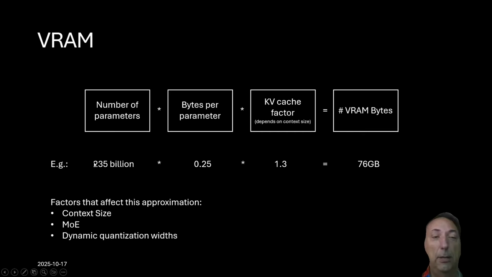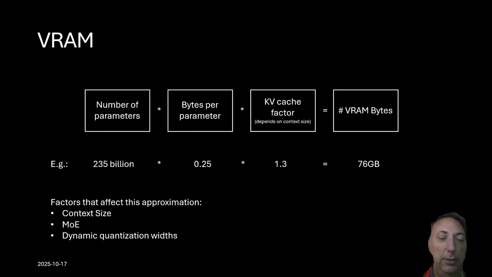And again, that's 235 billion weights, at 2 bits per weight. You can see immediately that's like 65, and then you have to add a fudge factor for your intermediate values in cache. And again, this is just a very rough estimate because there are all these things that really affect what the real needed memory is.